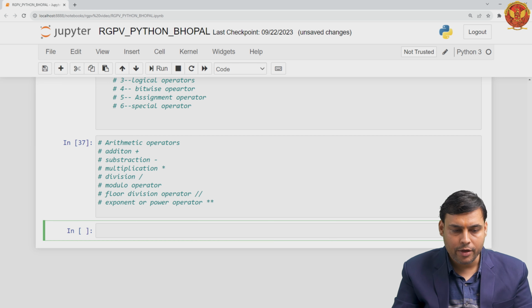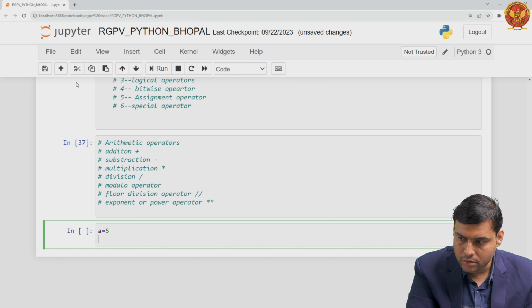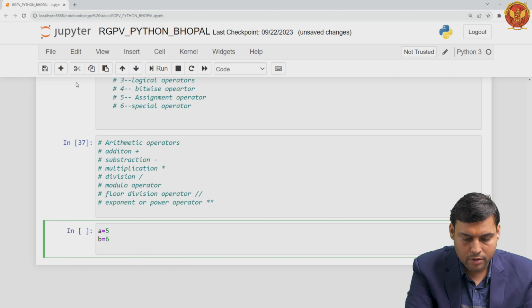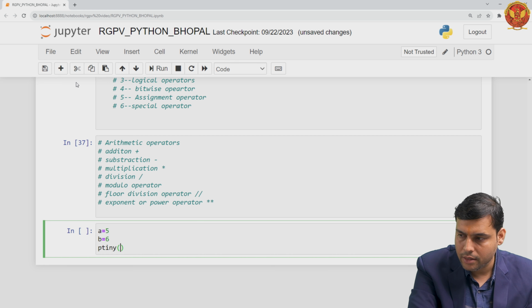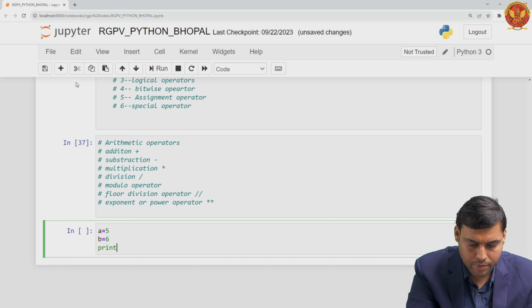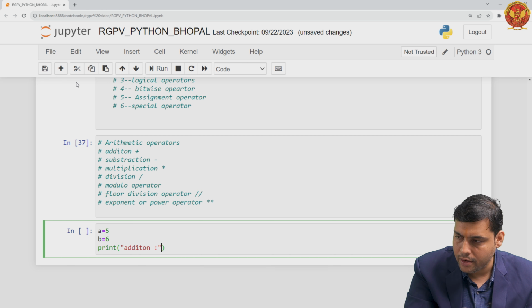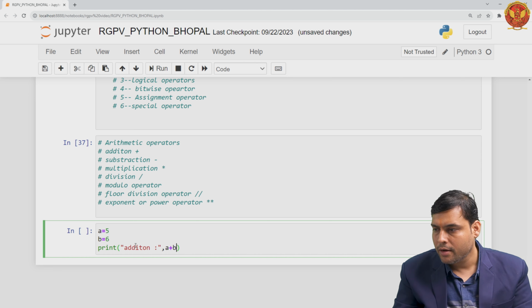हैं। लेट मी टेक टू वैल्यूज हियर। सपोज a is equal to 5 and b is equal to 6, then I print addition is a plus b.